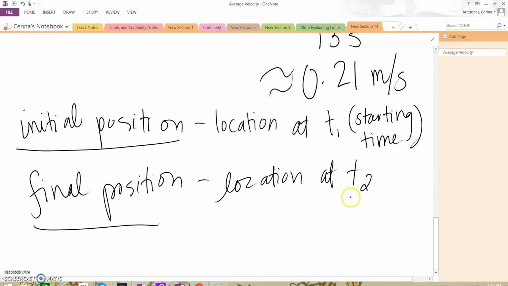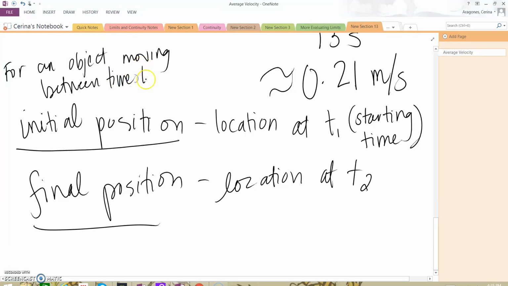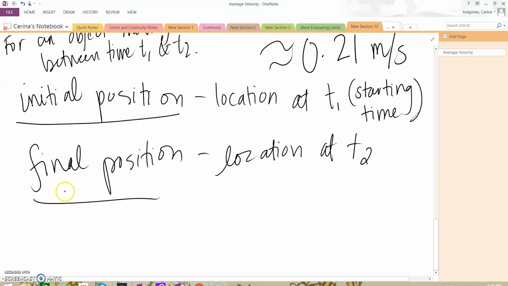Okay, so this is for an object moving between time T1 and T2. So T1 is when you start, T2 is when you end. Initial position is your location at T1. Your final position is your location at T2.